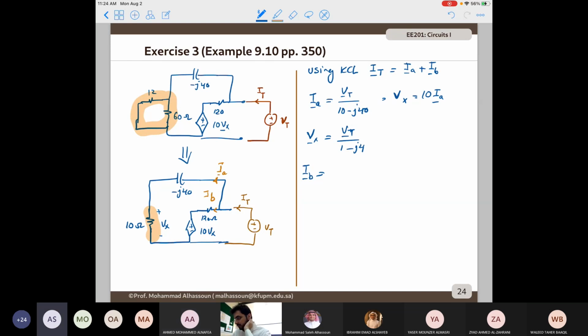IB is going to be, by Ohm's law, VT minus 10 Vx, divided by 120. It's something similar to what we did when we applied the nodal voltage method.